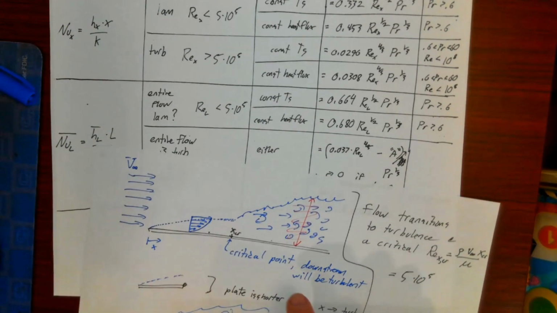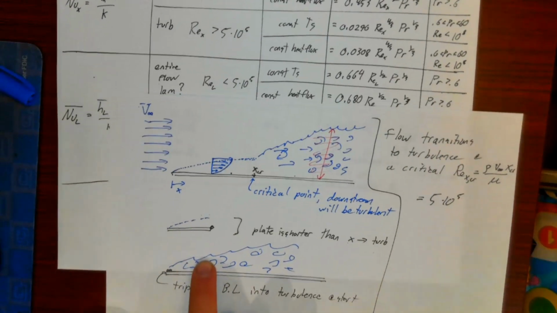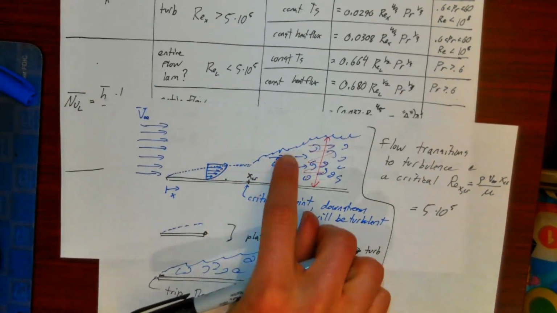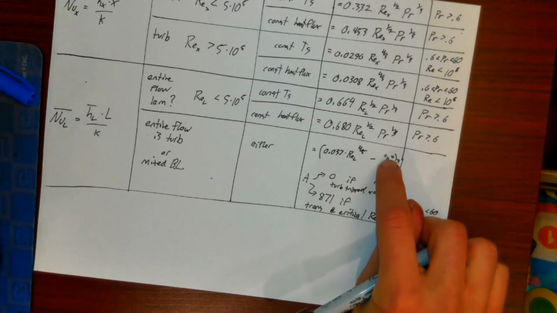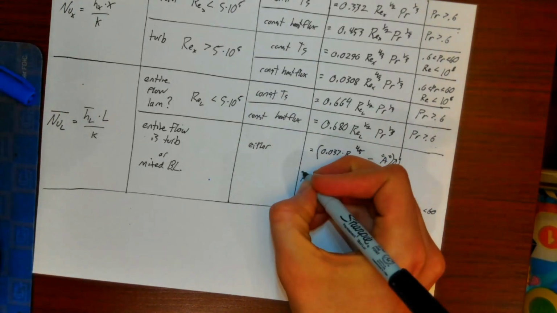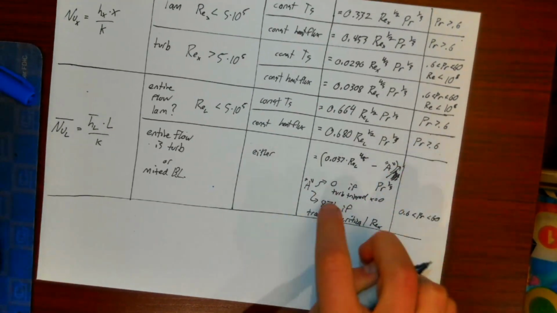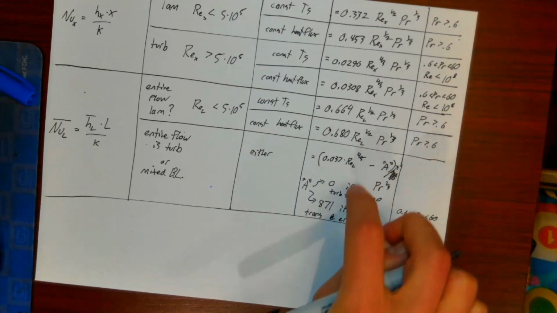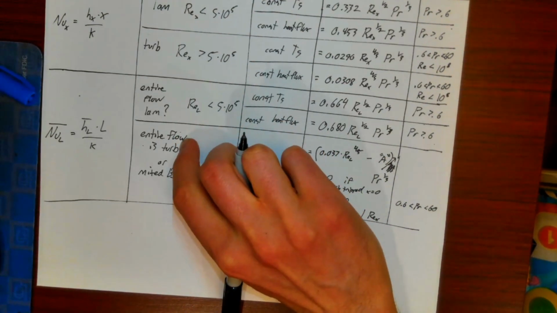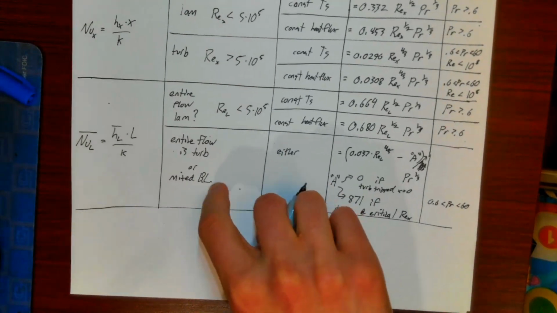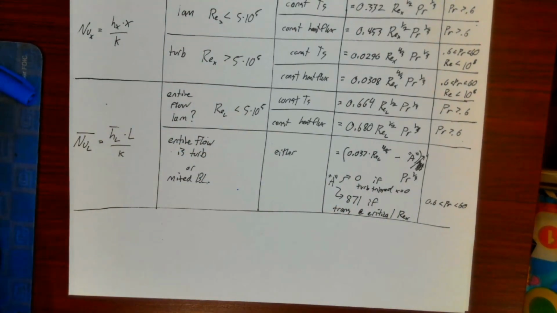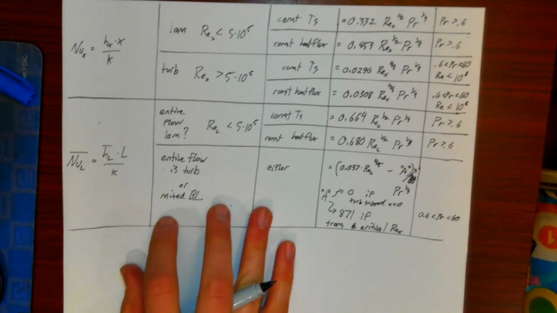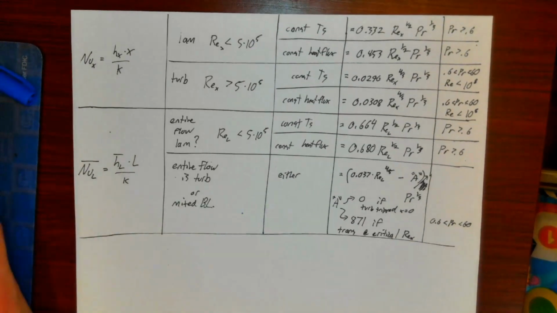So A is 0 if we're in this case, A is 871 if we're in this case. And I just want to clarify, A is not an area. A is just a placeholder variable to have one equation work for either entirely turbulent flow or a mixed boundary layer for averaged Nusselt number. All right, so there we have it. That's our chart.